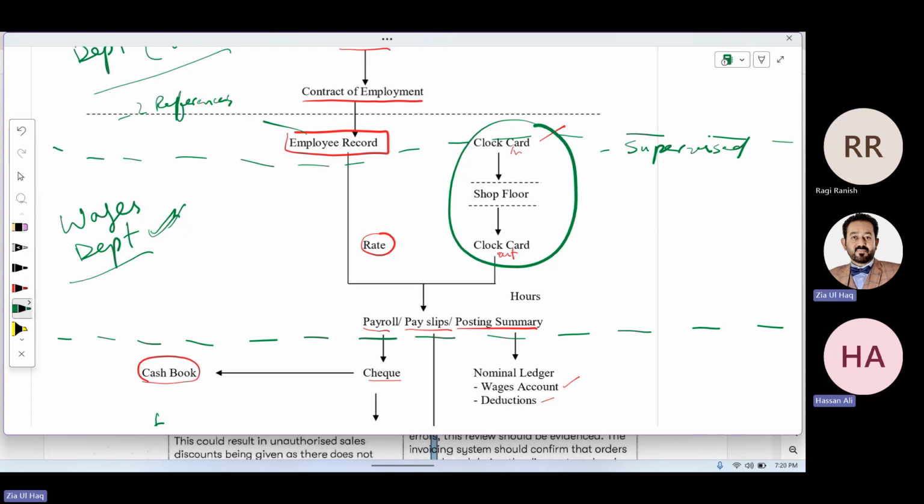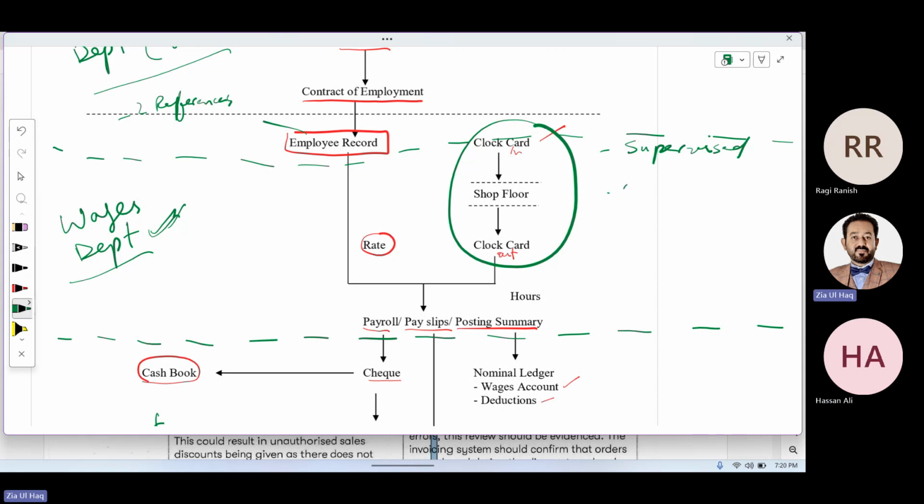Through this, absent employees' hours can also be recorded into the system. So there should be a supervisor who ensures that every employee is scanning his own card and only one card. Otherwise, absent employees' hours could also be recorded. Is that fine?